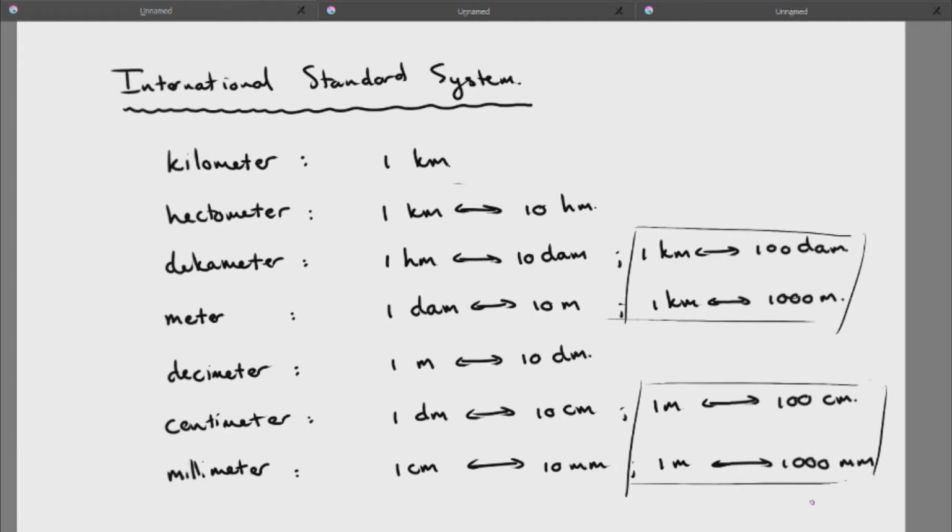But because we don't need that many jumps, the more familiar 1 meter is 100 centimeters and 1,000 millimeters is perfectly fine to use. So you don't have to worry about things that are not in the box. The box ones are the ones that we will be given and that we can use.